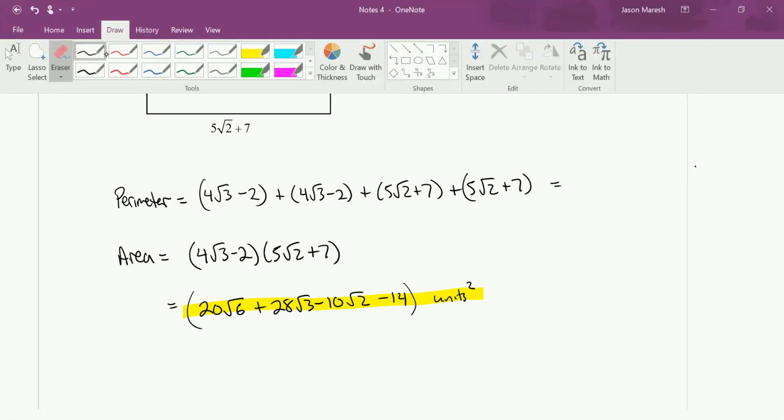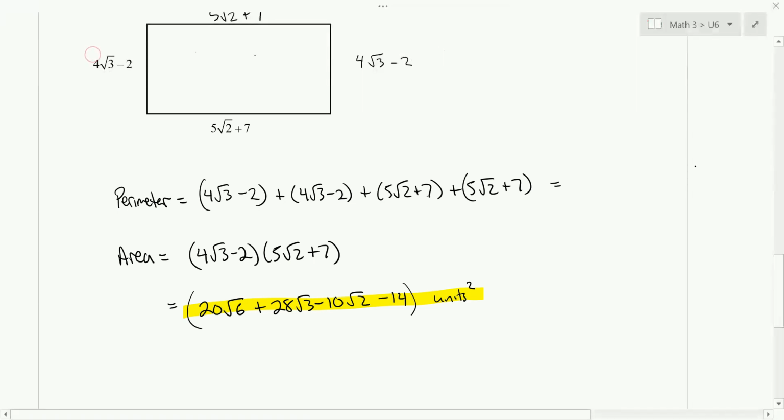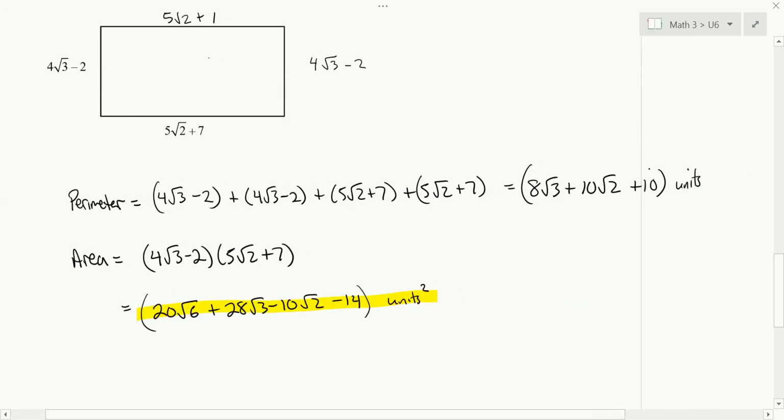So I can add the 4 root 3 with the 4 root 3 and get 8 root 3. And I can add the 5 root 2 and 5 root 2 and get 10 root 2. And then the negative 2, 7, 7, get positive 10. That looks better, right? And then when you multiply, you don't need like terms. So when you get this expression of 4 terms. Okay.